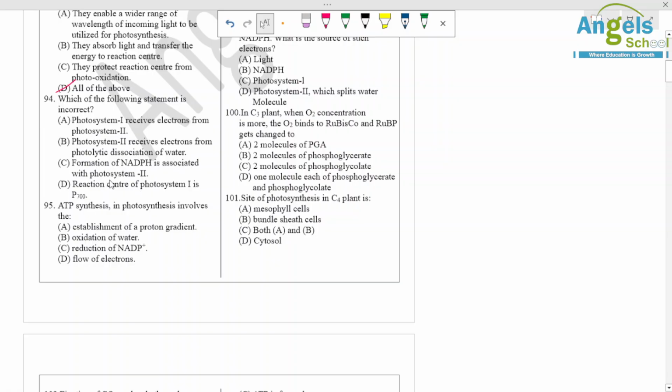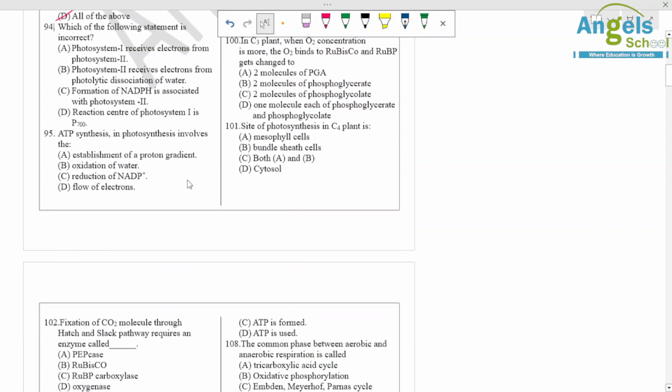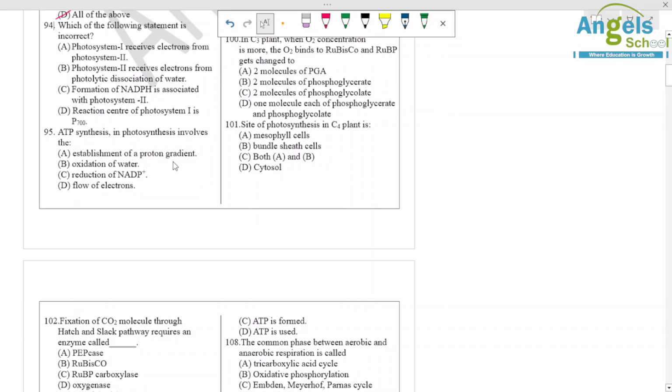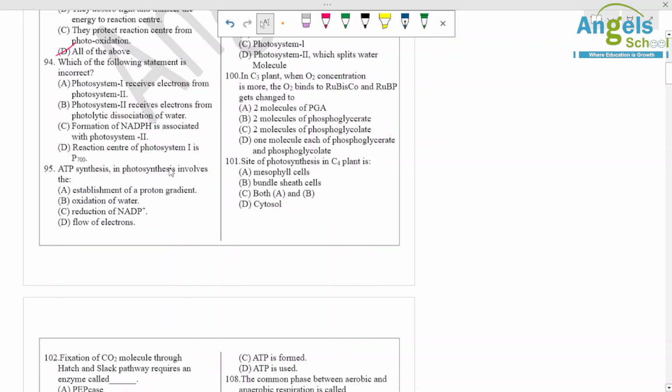Again a correct statement. Formation of NADPH is associated with photosystem 2. And reaction center of photosystem 1 is P700. So this is also a correct statement. Okay, formation of NADPH2 is associated with photosystem 1. That means the last electrons from PS1 will be used for NADPH2 formation. So the incorrect statement is option C.